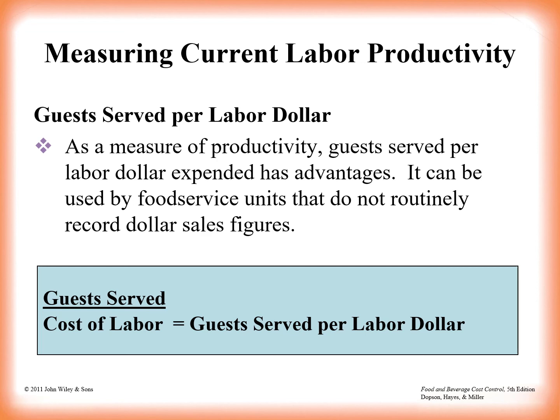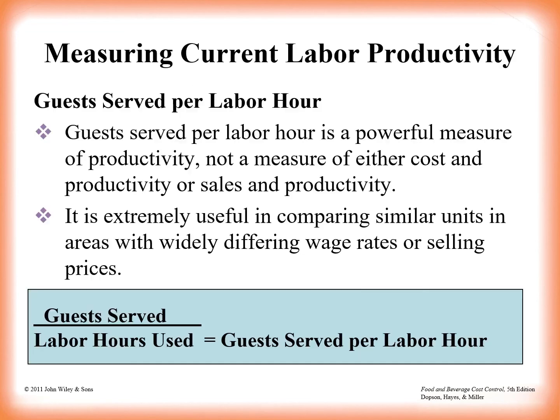And then one last way I can look at it is in terms of guests served per labor dollar. So just different ways of using these calculations to see what you're doing as a manager and how efficient your employees are being. One more that is a useful tool: sometimes we work in an environment where revenue may not be that important, or where I'm trying to compare wildly different types of operations.